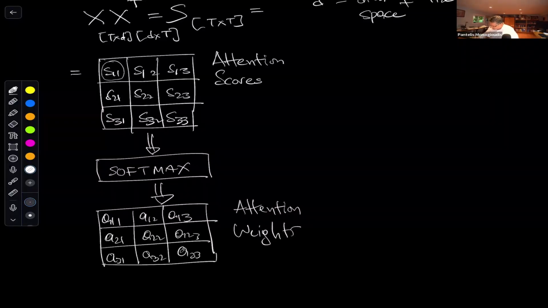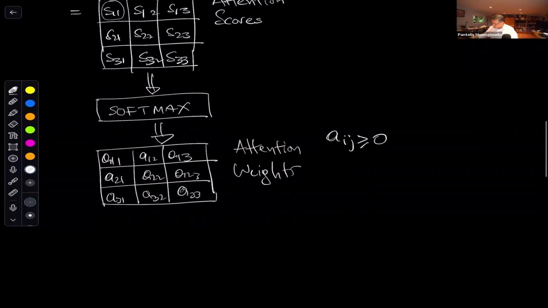Because of the softmax, we have Aij greater than or equal to 0, so all of these weights are positive numbers. And at the end of the day, we have the very desired relationship that the summation across j's over the tokens of our context of Aij is equal to 1.0.